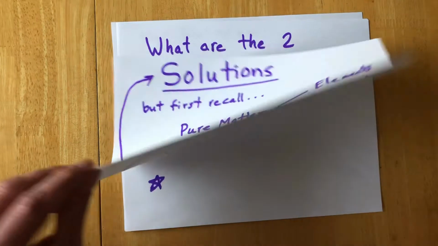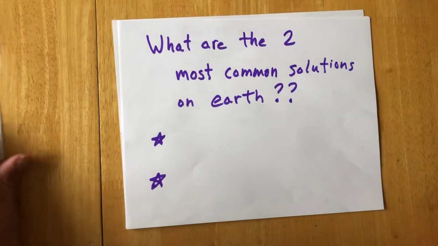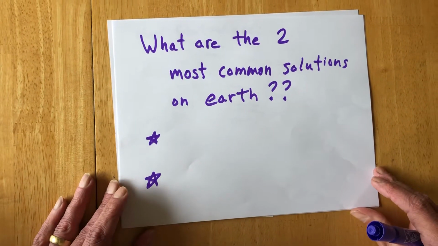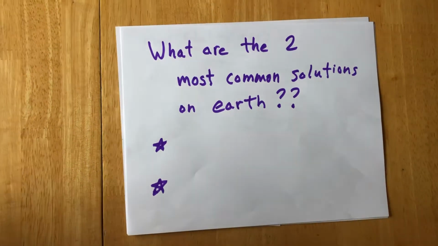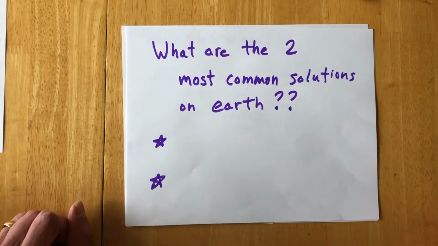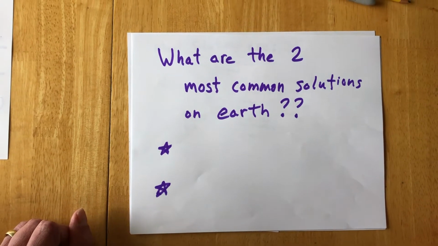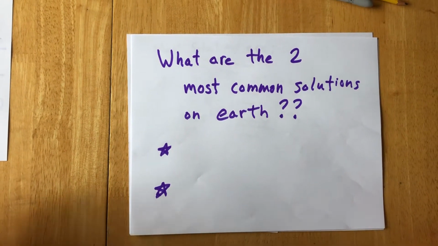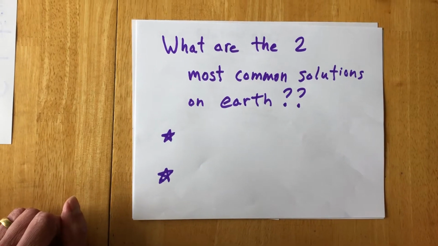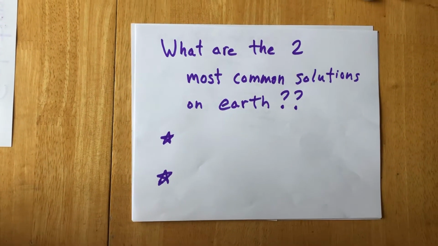So, what are the two most common solutions on Earth? Think about that for just a minute. I'll give you a minute to think about it. I would have you raise your hand. And I'll bet you some of you would say, these are very common. In fact, they're all around and we need them.